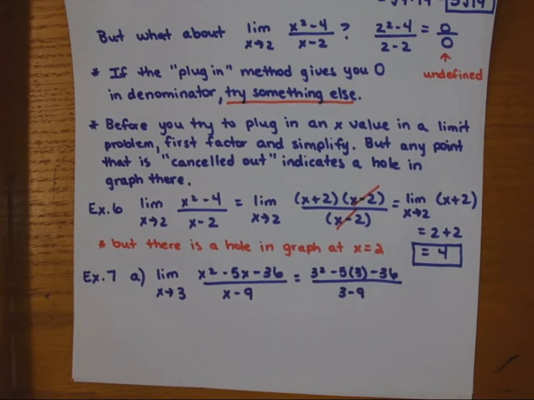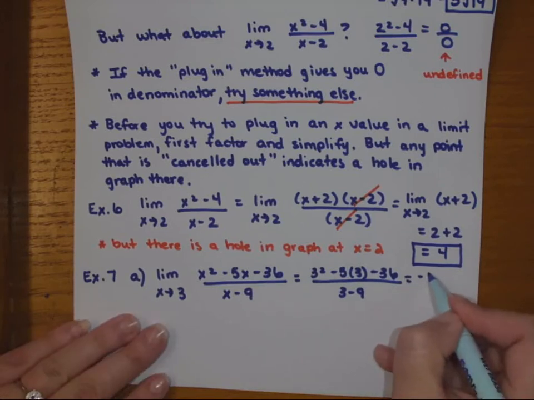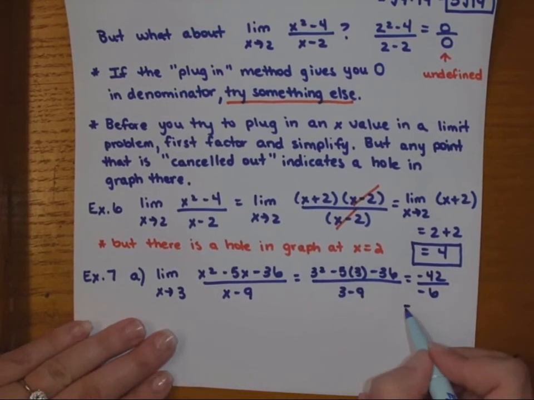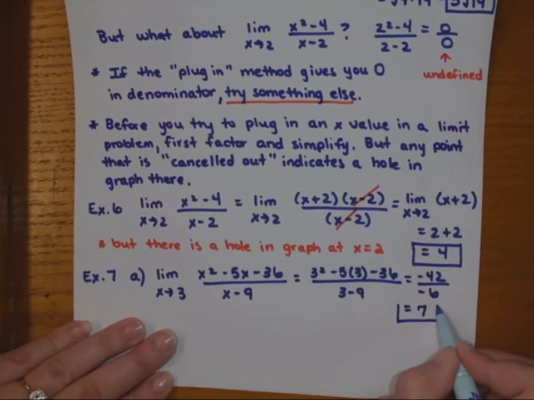So I'm going to get 9 minus 15 minus 36 on top, and I'm going to get 3 minus 9 on the bottom. If you simplify that, and you can use your calculator, you will get negative 42 over negative 6, which simplifies to 7.